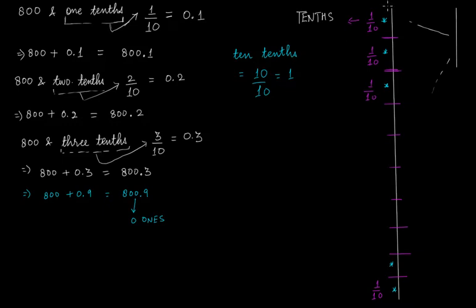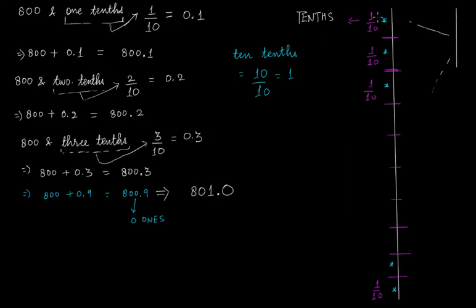That is, you are actually considering one complete line segment. That is, now you have one more line segment. Now this will be 1 ones. Why? Because you now have one complete line segment. So this will become 801.0. Why 0? Because now you are not having any tenths.